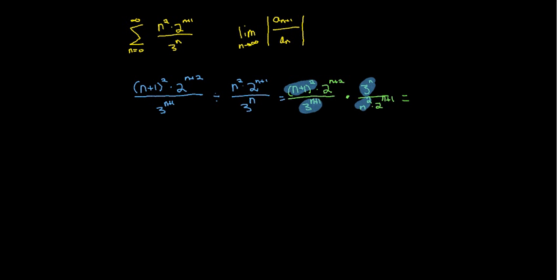That will just be a 3 left over down there on the bottom. And the 2 to the n plus 1 and the 2 to the n plus 2, those are just off by one power. So there's going to be a 2 left over up top.